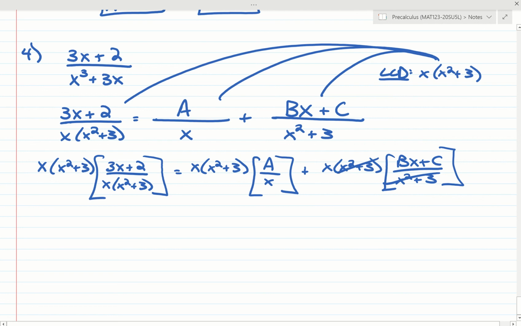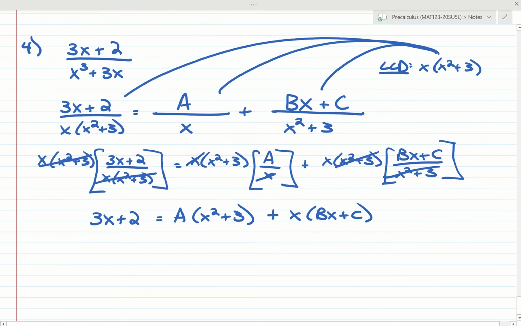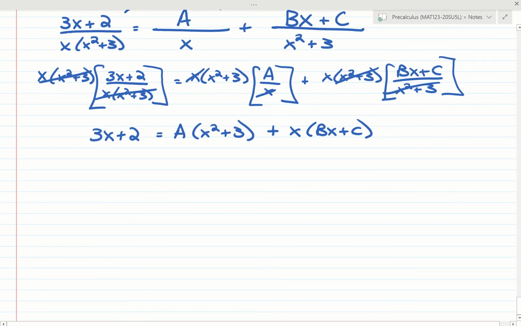We'll cancel out our common factors. So we wind up with 3x plus 2 is equal to a times x squared plus 3 plus x times bx plus c. Well, it looks like we're going to have an x squared term, but look, there's no x squared, so if it helps you, you could even just write 0x squared.